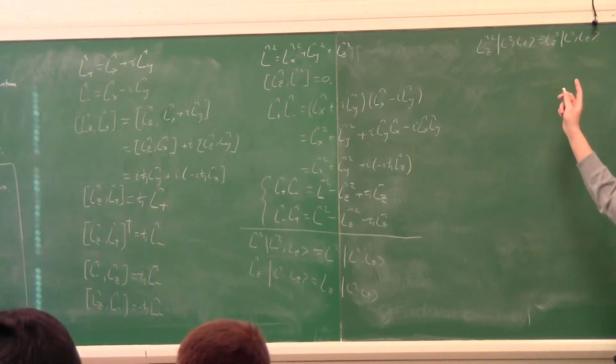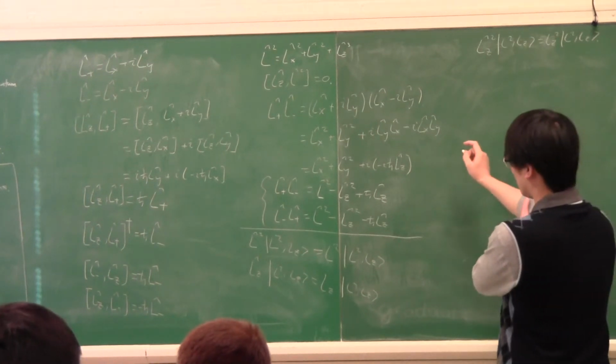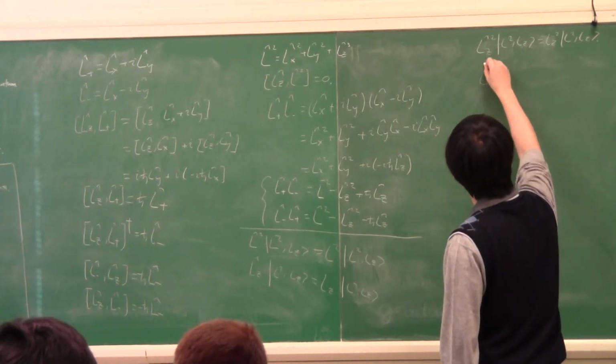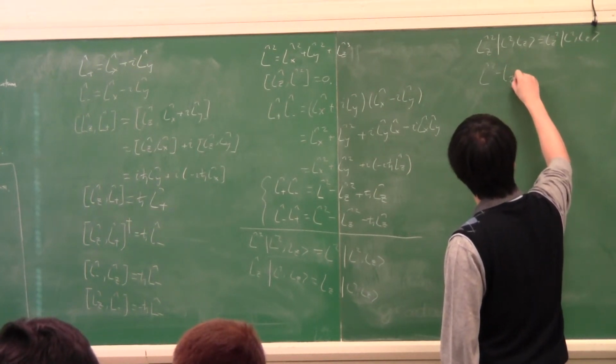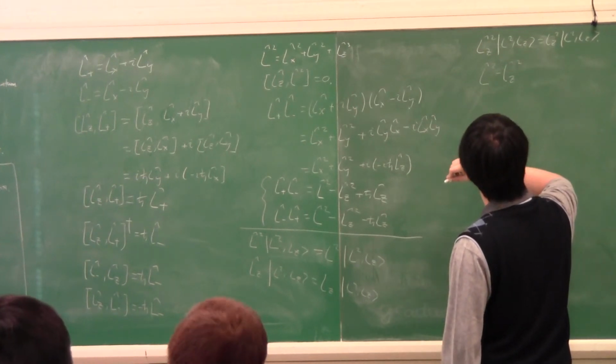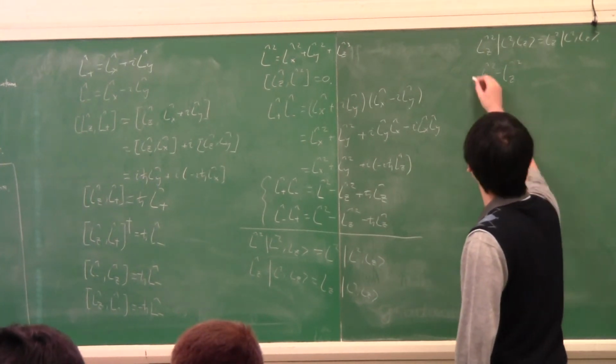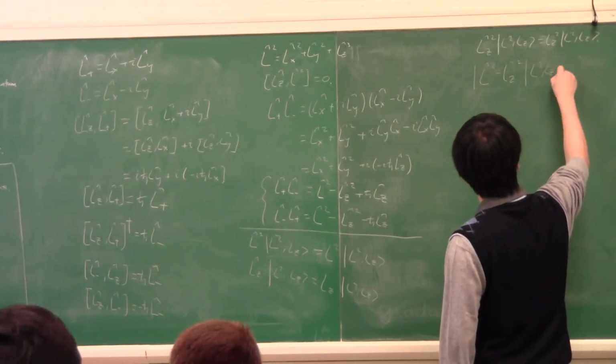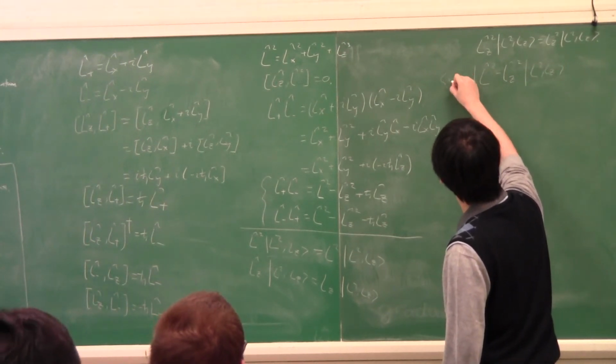If you remember that, there should be no confusion. Okay, so now let's think about what is L squared minus Lz squared. What is the expectation value of this, taken with respect to a simultaneous eigenket?